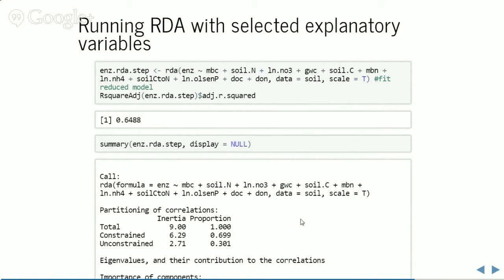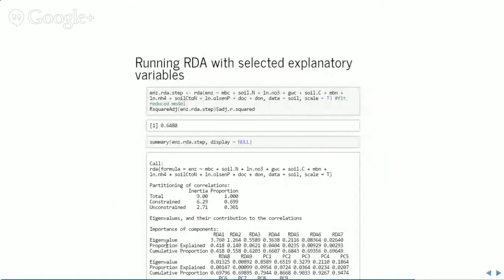That's not too small. And we can see in just the summary function, it's giving us something similar here, the proportion of constrained variation explained, but this is not adjusted for the number of explanatory variables, so you don't want to pay any attention to that.